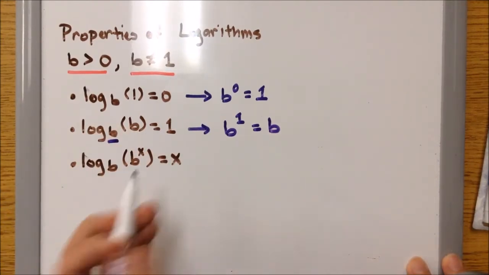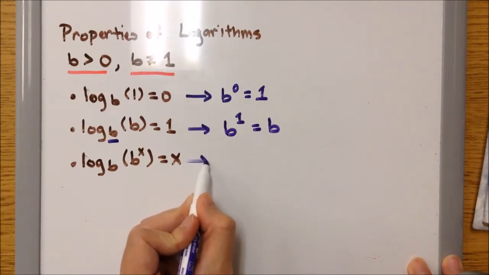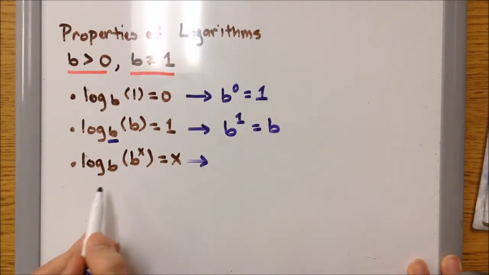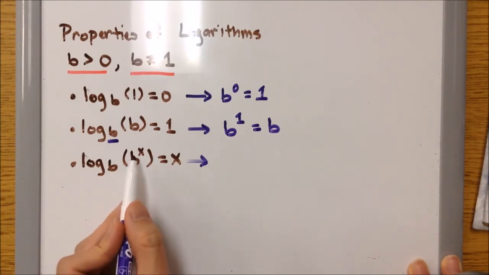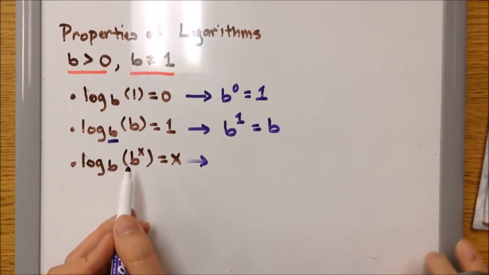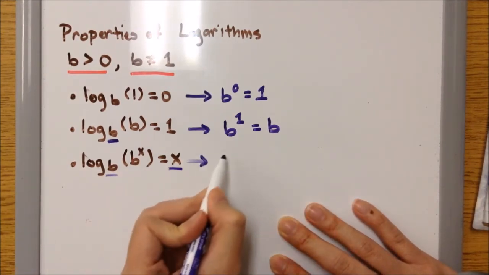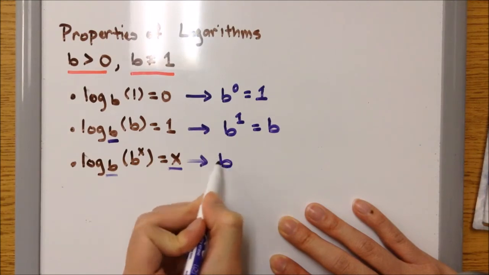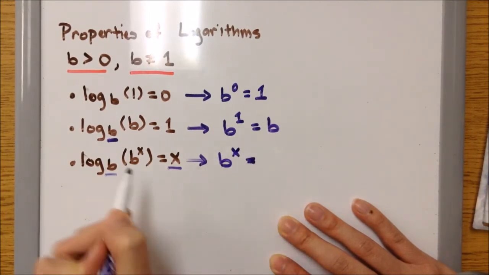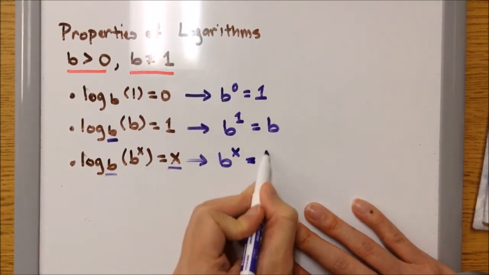Now for the last property, log base b of b to the x power equals x. If I were to write that in exponential form, I would write our base b to the power of x equals whatever is inside the parenthesis, so b to the x.